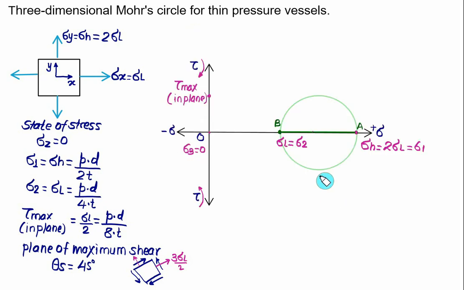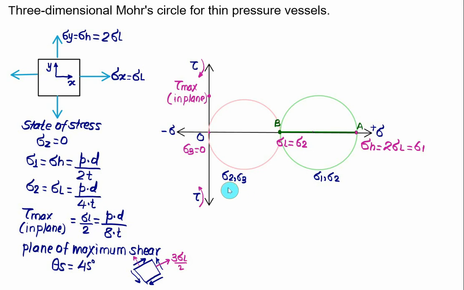So this Mohr circle is drawn for sigma 1 and sigma 2. Then the second Mohr circle is drawn for sigma 2 and sigma 3. Now O to B is the same distance as B to A. It means we get the same size of Mohr circle for sigma 2 and sigma 3. So this one is the second Mohr circle, drawn for sigma 2 and sigma 3.